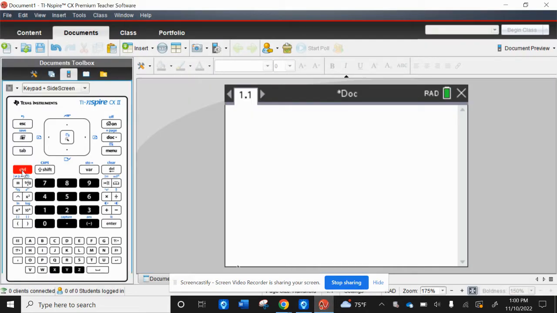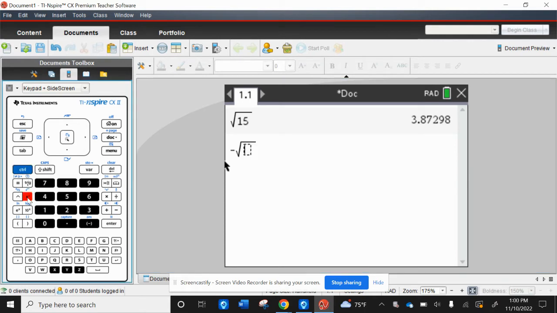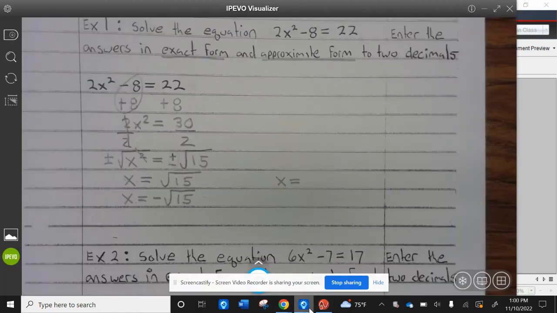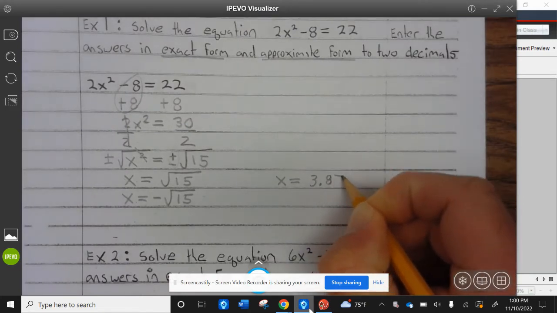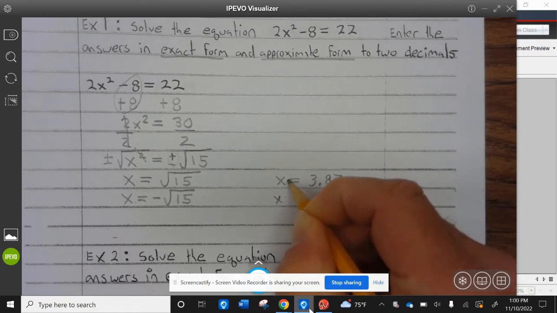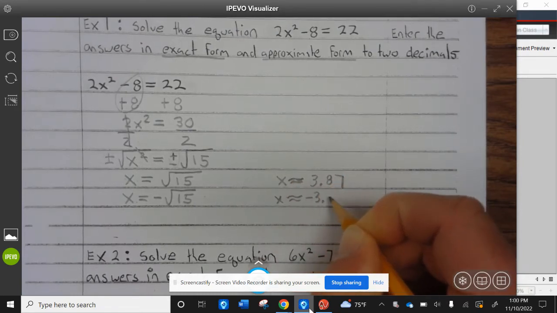So I'm going to press Control square root of 15, enter, and then negative Control square root of 15. So x equals 3.87 and x, say approximately, that's the approximate symbol, negative 3.87.